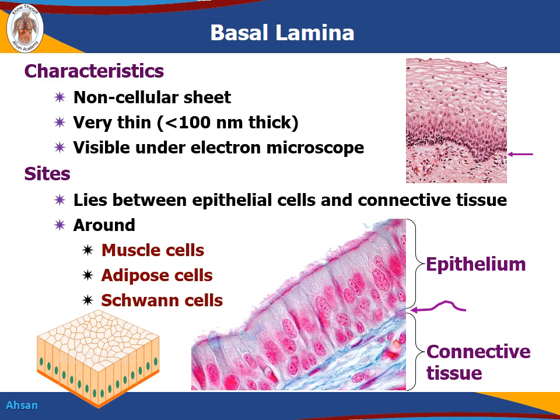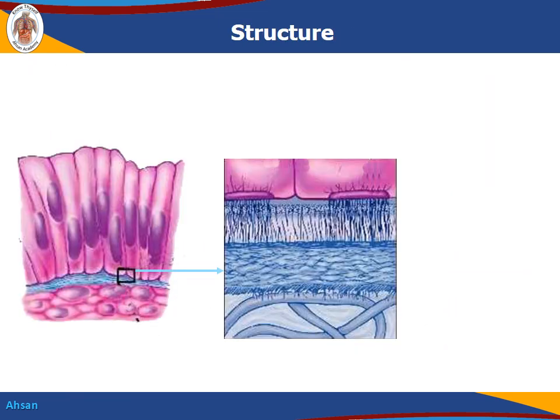So all connective tissue is separated from the overlying epithelium by this type of lamella, and each of these cells is covered by this non-cellular shell, as mentioned in this slide.